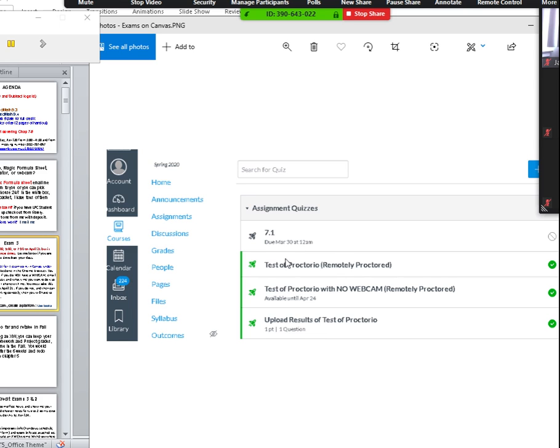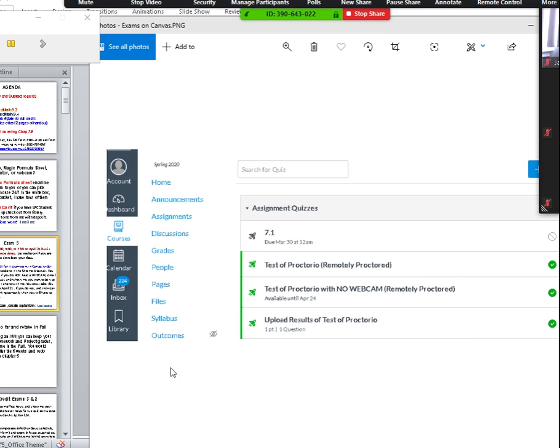So you will do this part here, which is proctored. After you do that, when this is over, you'll have 5 minutes to take pictures of your quiz papers and upload them into this. This is just an upload spot. This is not Proctorio on the bottom.